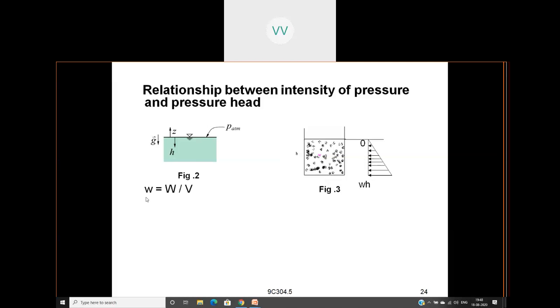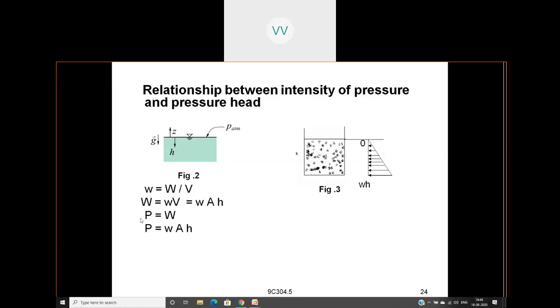Now small w is this specific weight. Specific weight, as we have discussed in the previous classes, is a property of a fluid given by the weight per unit volume. So the weight, capital W, is equal to specific weight into volume. The volume of water contained in a particular container is area of cross section into height, so it is area into height.